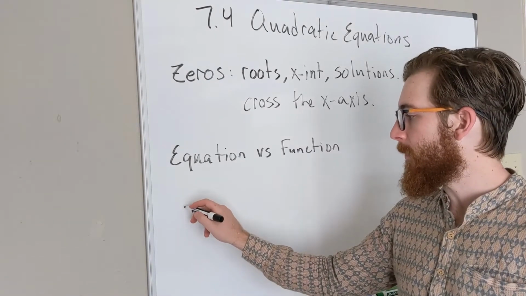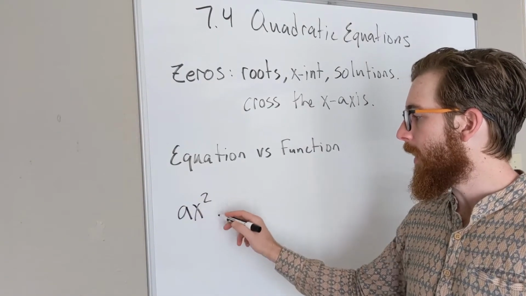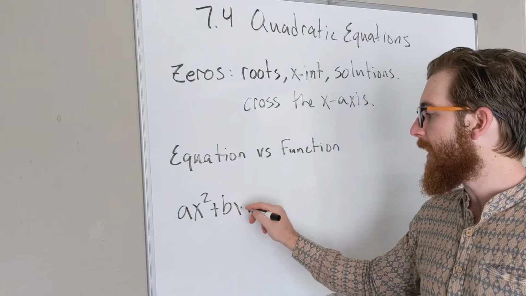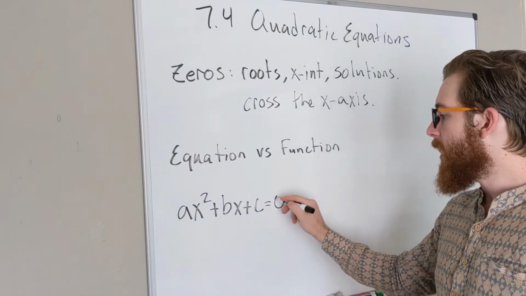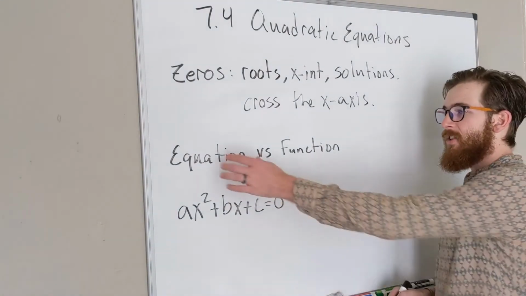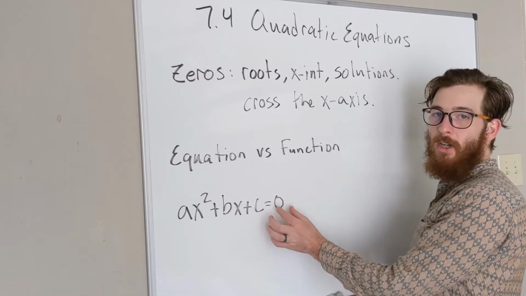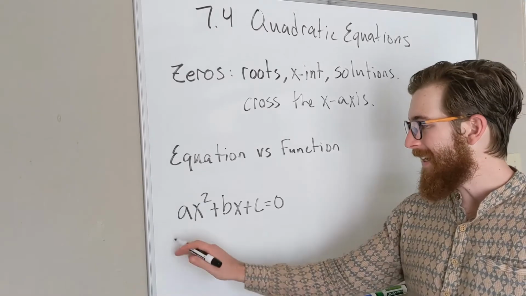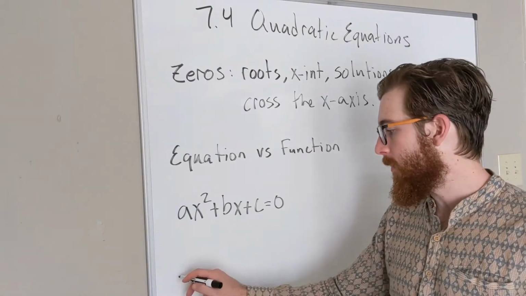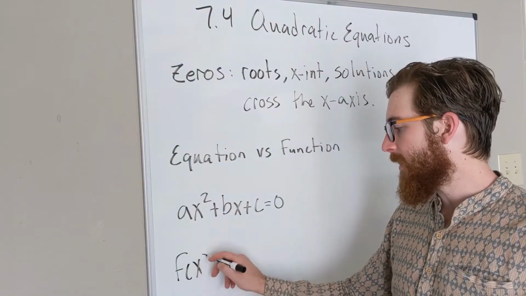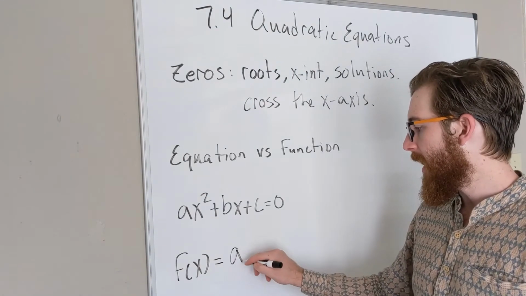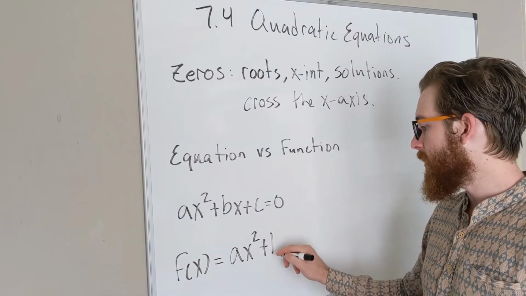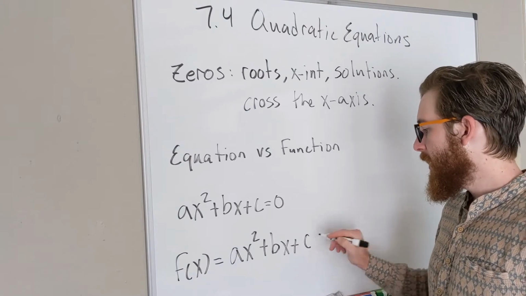So now let's look at equation versus function. An equation would be something like ax squared plus bx plus c equal to 0, because it's set equal to some specific value. A function is the entire set of values. In other words, f of x equals ax squared plus bx plus c.